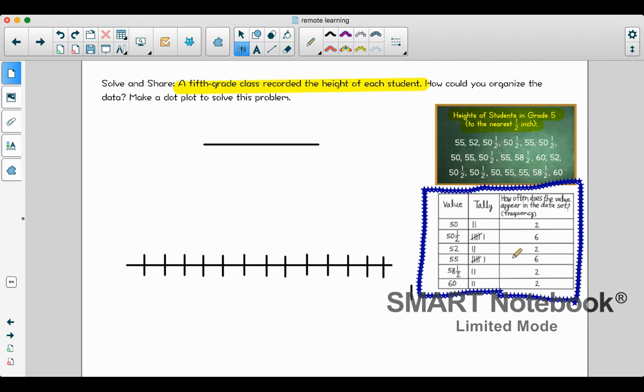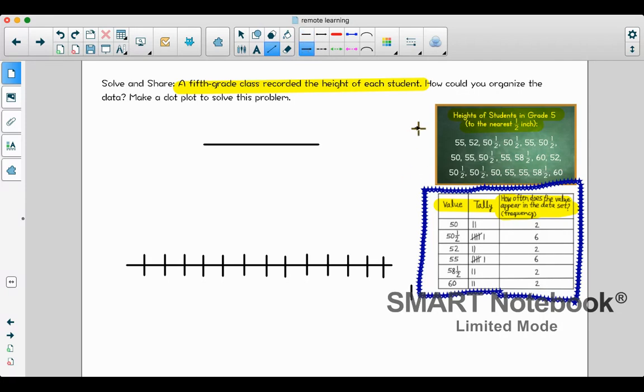Okay, what this did here was take the information that was in my chart and list it by value. A tally is keeping track of how many times it's occurred, and then writing the number. So how often does the value appear in the data set? The frequency.